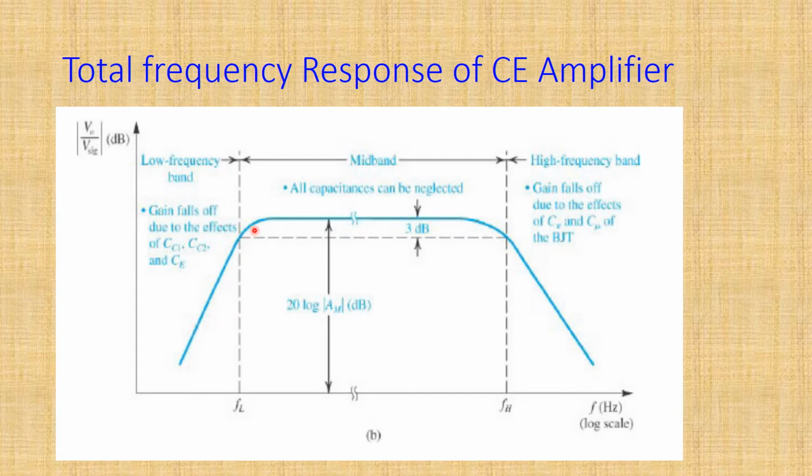This comes because of the coupling capacitance CC and CE. In the mid-band gain, there are no capacitances as they are neglected, so it remains sufficiently stable. At high frequency, the gain is falling because of the junction capacitances CBE, CBC and CCE. Okay.